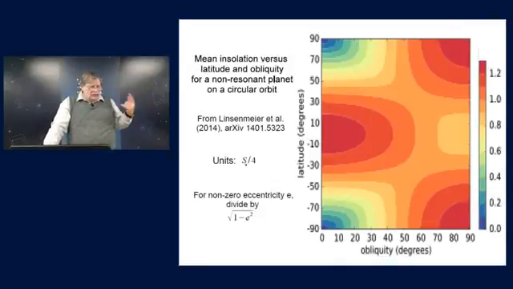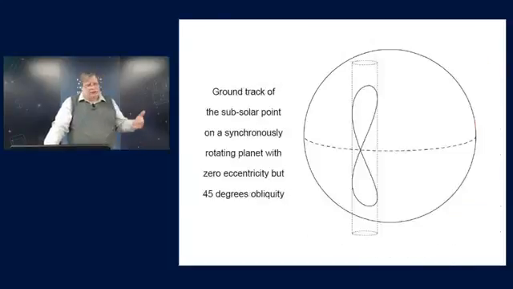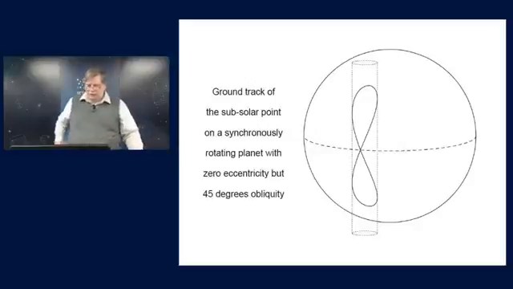Something similar happens if you have a planet in one of these spin-orbit resonances. For example, if you're in the synchronous resonance, the sun moves up and down across the equator, but it stays on the same side of the planet. This shows that situation for a case of a 45-degree obliquity, but this is a synchronously rotating planet, no eccentricity.